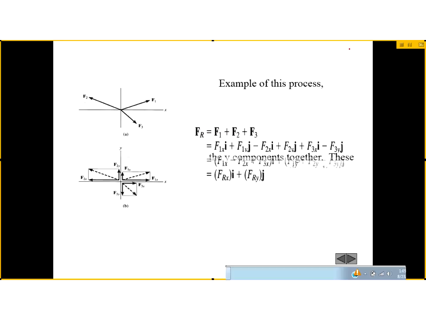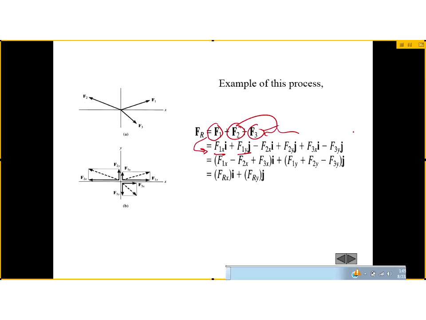So we'll be trying that out in the example problems. And here is a fleshing out of that in case you want to see it in detail. For each vector, we have to expand it into its components. So this is f1x and f1y, and then f2 is being expanded here, and f3 is being expanded here.